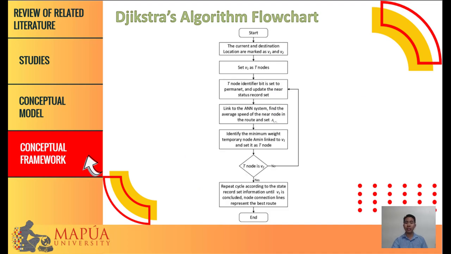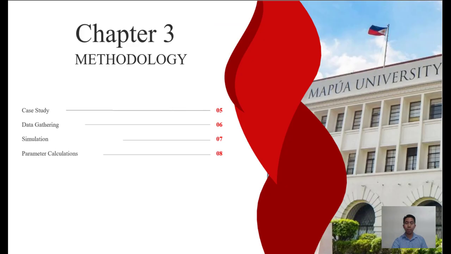The flowchart begins by assigning a distance of 0 to the source node and infinity to all others. Then it repeatedly selects the node with the smallest tentative distance, updates its neighbors, and marks it as visited until all nodes are processed. This logical sequence can be translated into a C++ program.